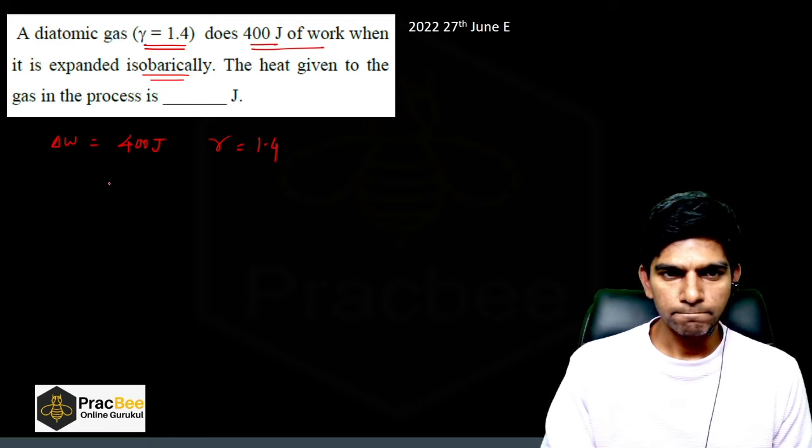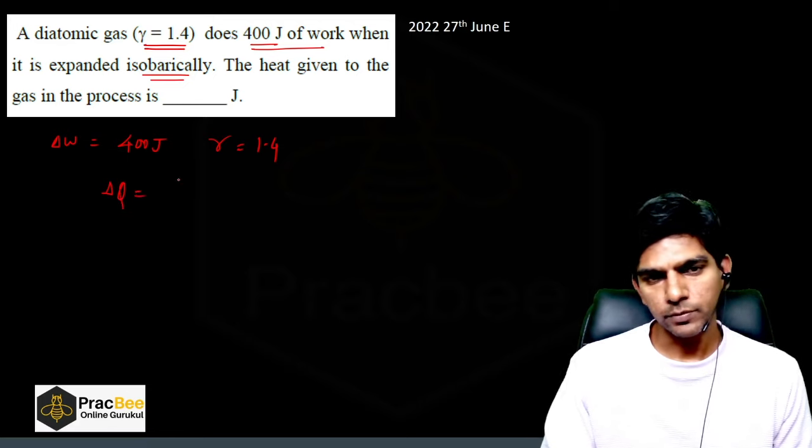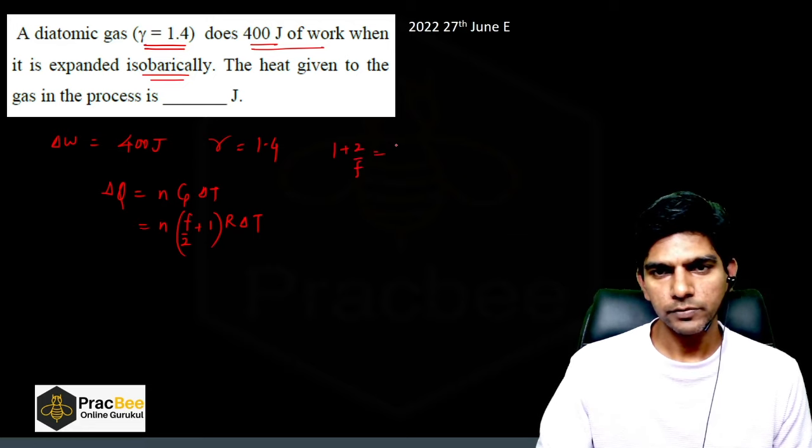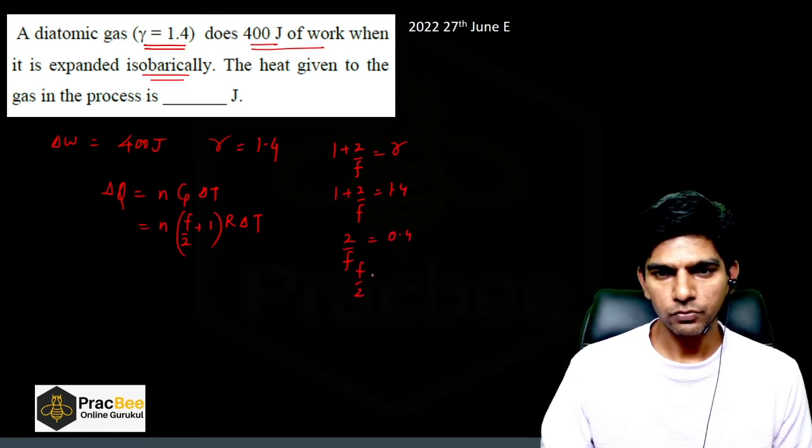We know that delta Q for an isobaric process is nCp delta T, and Cp can be written as (F by 2 plus 1) times R, and we know that 1 plus 2 by F equals gamma. So 1 plus 2 by F equals 1.4, and 2 by F is 0.4, so F by 2 will be 1 upon 0.4, which is 5 by 2.